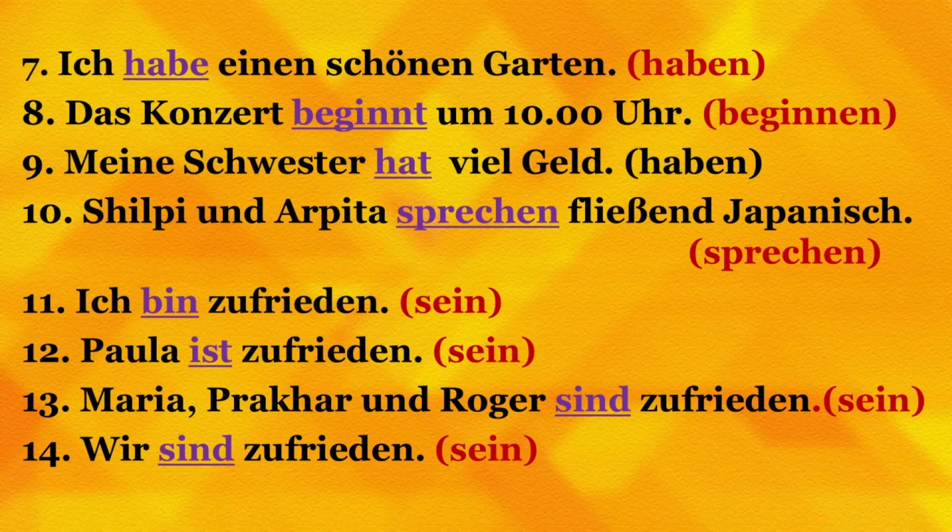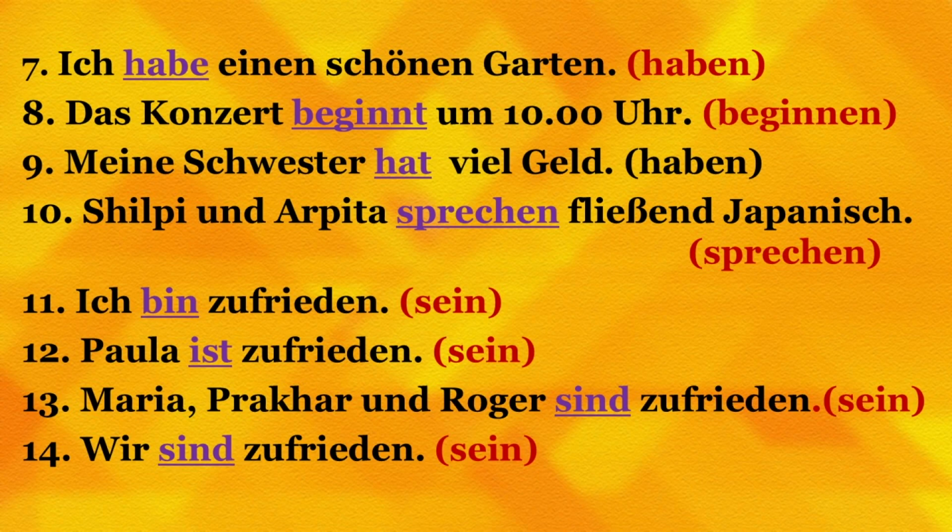It means Shilpi and Arpita speak fluent Japanese. So, it is talking about that these two people, Shilpi and Arpita, they speak fluent Japanese. Do you also want to speak fluent German? I am sure you all want to. Let's move to the next sentence now.